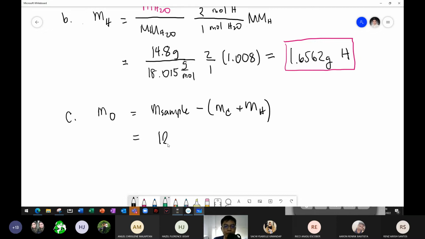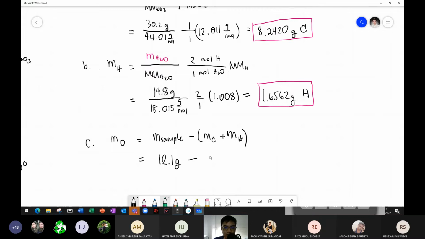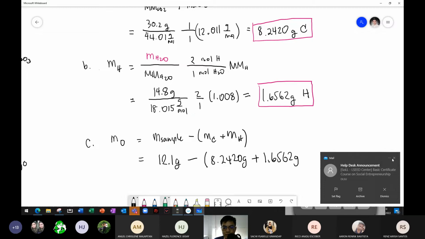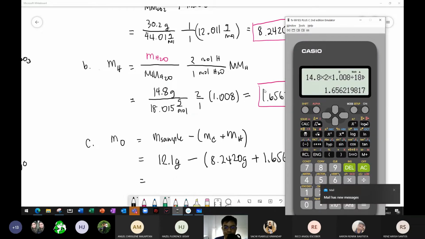Our sample is 12.1 grams, and the carbon and hydrogen's masses are, okay, for carbon, that is 8.2420. For hydrogen, that's 1.6562. Okay. Subtract natin.